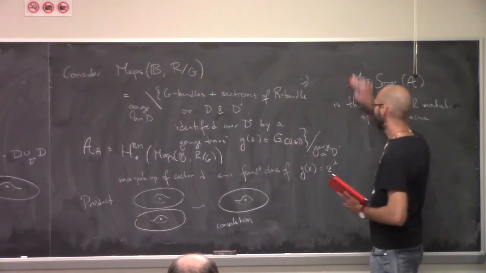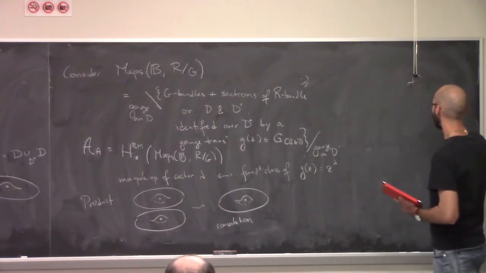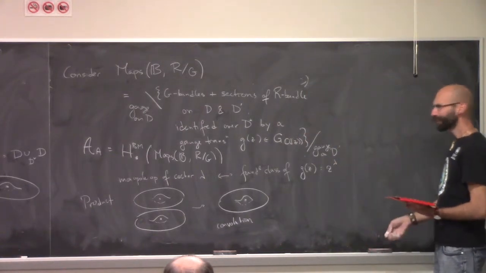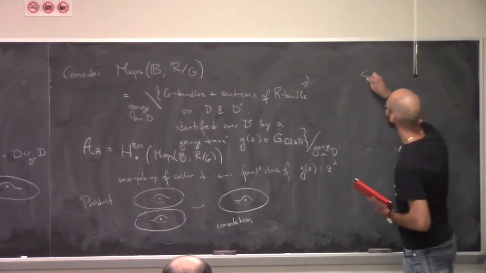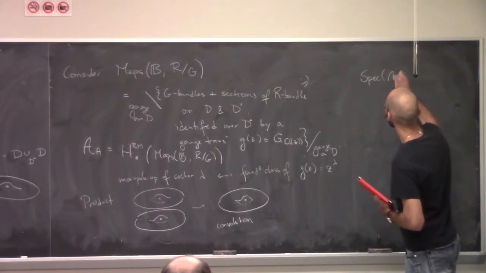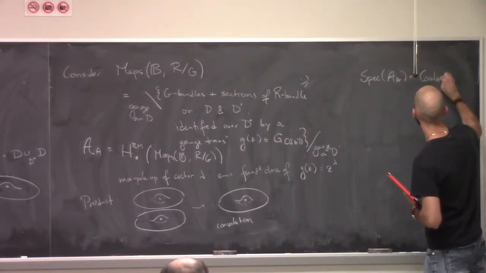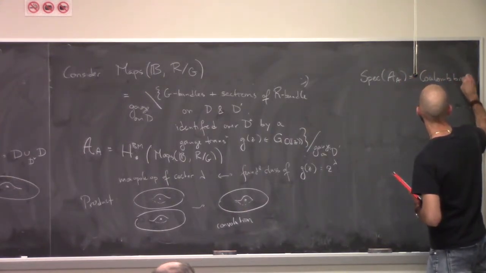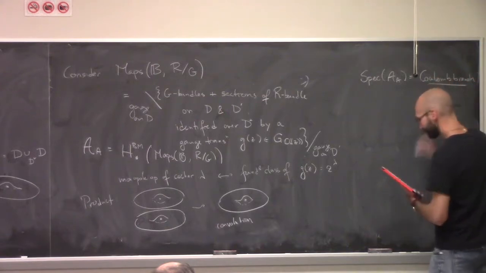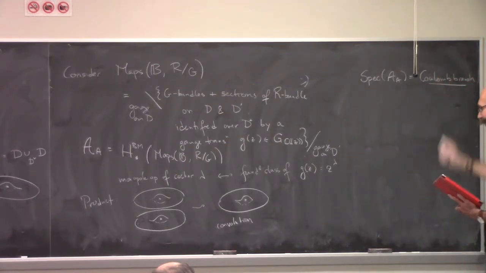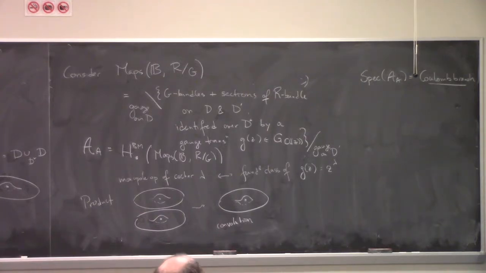And then once one understands this thing, which is surprisingly computable, spec of it is the Coulomb branch. So there's a thing called the Coulomb branch in three-dimensional gauge theories, and this is the mathematical way to get it.